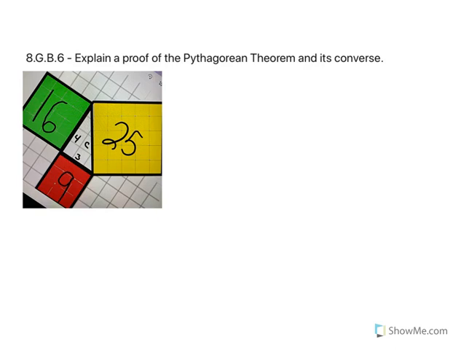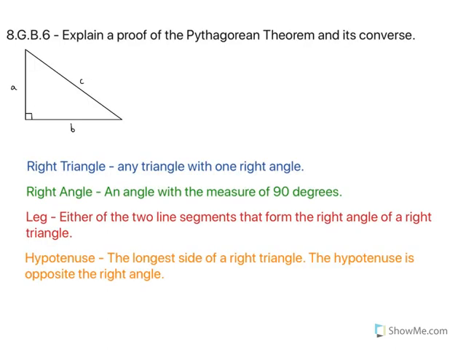And the picture on the left is a diagram I created for my students digitally in class one day, and it really truly visually shows it. Normally I like to have students actually do this with grid paper or with Unifix blocks, to see that it actually does work. So first we need to understand the definitions behind the parts of a right triangle.